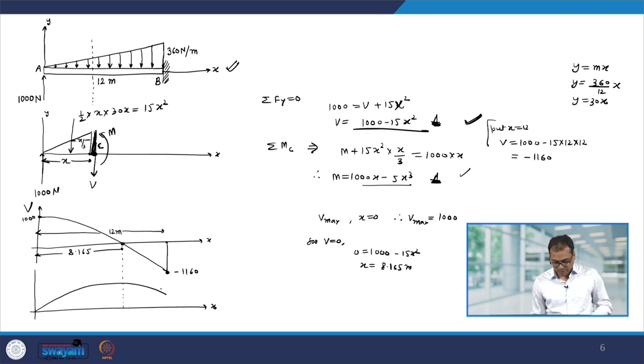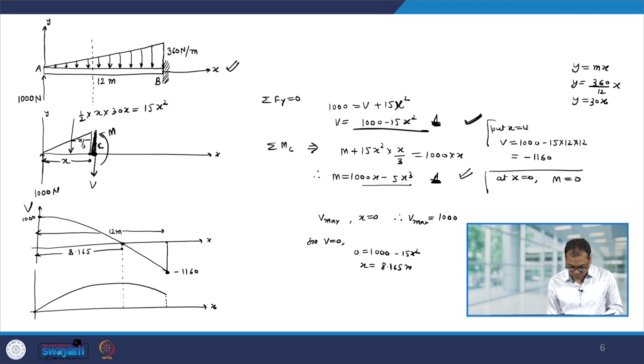So, you can plot it and you can see it will look like this. Now, let us find out the various points on this plot. So, first of all we can see that from this equation at x equal to 0 my m is 0. Okay. So, therefore, this point is 0, this is m.